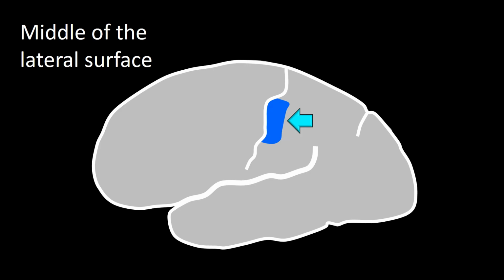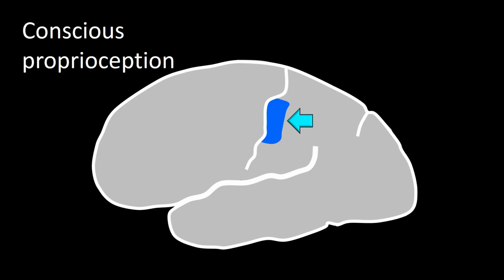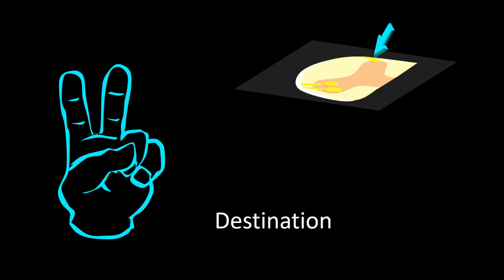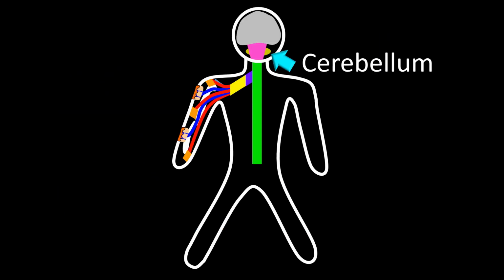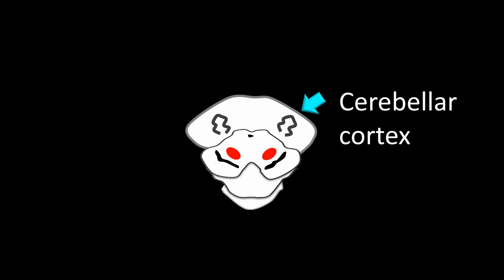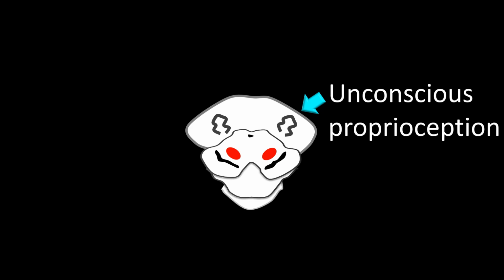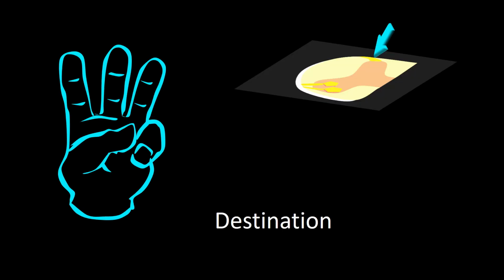This region is involved in conscious proprioception and epicritic sensation. The second destination of the interspinal sensory fibers is the cerebellum. The information brought by these fibers contributes to unconscious proprioception.